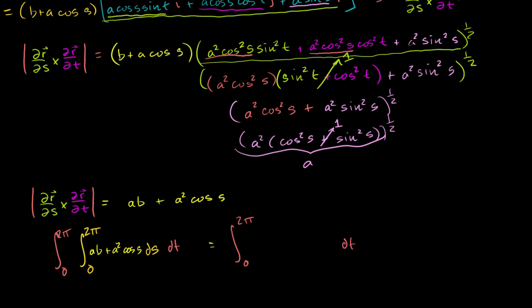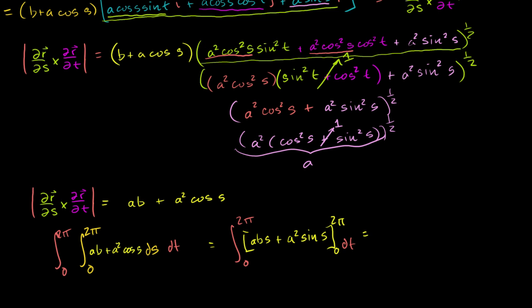But the antiderivative with respect to s is going to be, ab is just a constant, so abs plus, what's the antiderivative of cosine of s? It's sine of s. So plus a squared sine of s. And we're going to evaluate it from 0 to 2 pi.